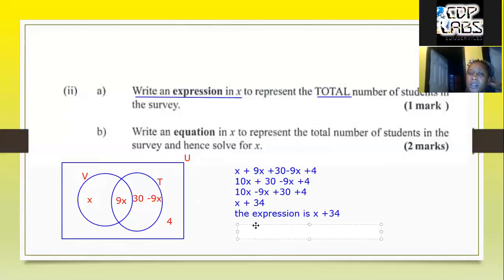Are they saying the same thing? Are they asking for the same thing? Is there any difference between A and B? One is saying write an expression and one is saying write an equation.